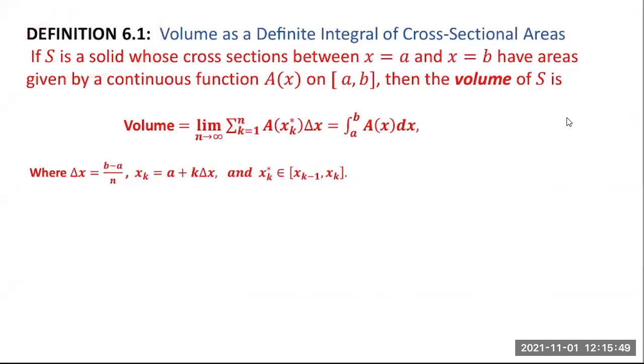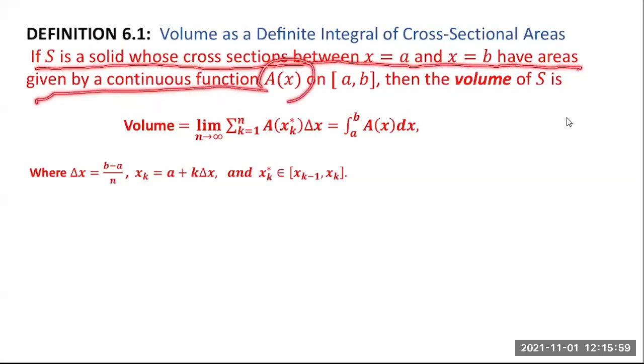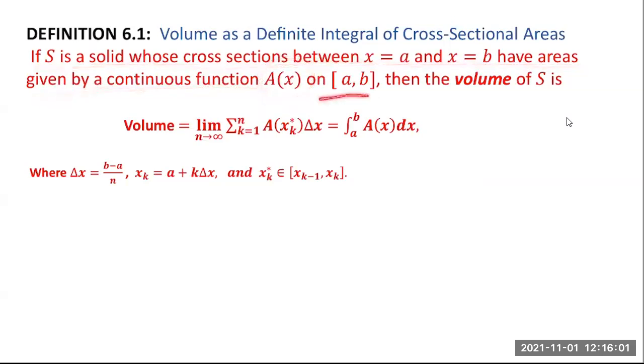Let's go over this definition. If S is a solid whose cross sections between x equals a and x equals b have areas given by a continuous function A(x) on [a, b], then the volume of S is given by this formula. That is, the limit as n goes to infinity of the summation of A(xk*) times delta x is equal to the definite integral of A(x) from a to b.